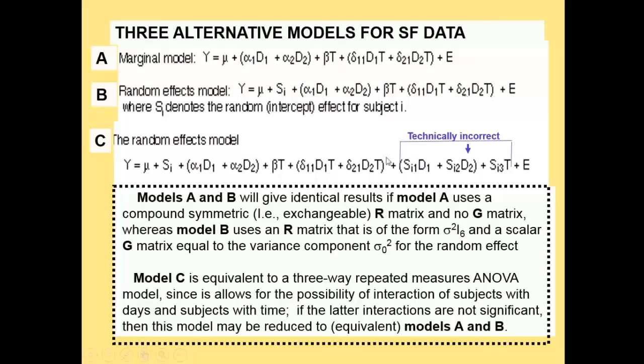Or you could decide to use a model like this, which allows you to consider a more complicated correlation structure that allows for not just a random intercept, but random effects of subjects with days and subjects with time. That's what this is allowing for.